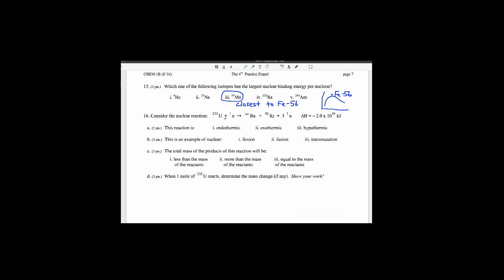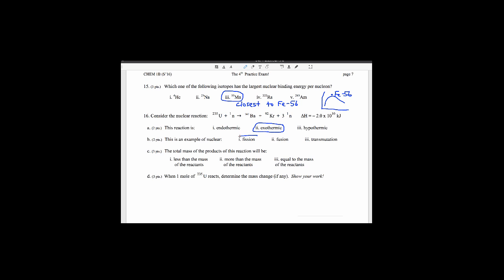16, we have a nuclear reaction. It's a big nucleus, uranium-235, breaking apart into two smaller nuclei, barium-141 and krypton-92, with a delta H of negative 2 times 10 to the 10th kilojoules. And that is, of course, an exothermic reaction, lots of energy given off.